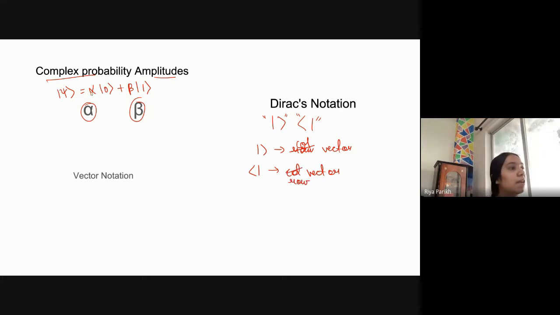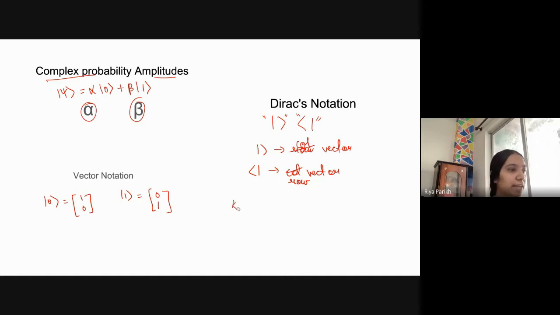So state 0 qubit can also be written as a vector of 1, 0, and state 1 qubit can also be written as a vector of 0, 1. As you can see, it's a column vector. So they are Dirac's bracket notation, and this is pronounced ket 0 and ket 1.